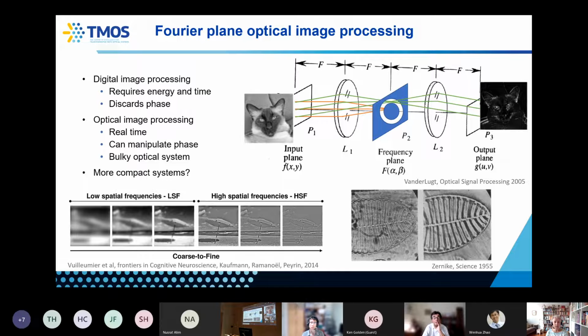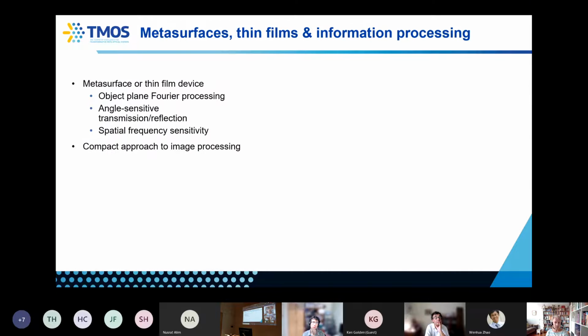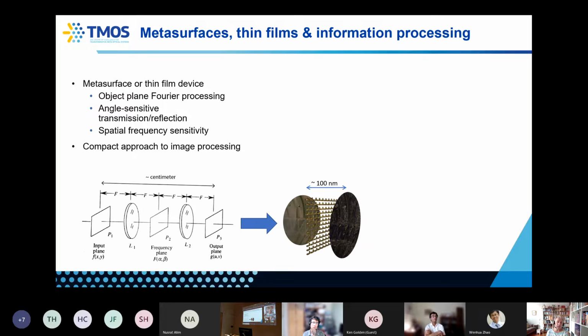Now, systems like this have been known about for a very long time, but they do tend to be relatively bulky. So if we want to create a device that's compatible with miniaturized electronics, one would want to take all of this and reduce it to something that is of the order of a few hundred nanometers thick.